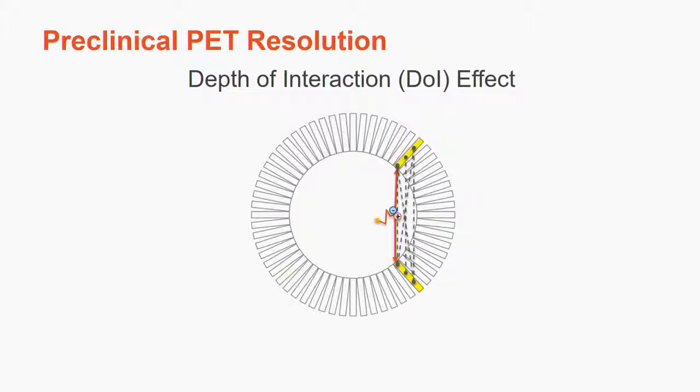And so we have a number of possible combinations that could explain this coincidence event, and that leads to this radial blurring of the point spread function. So now we've got uncertainty about the positioning, which degrades the resolution as you get further towards the edge of the field of view. So it particularly impacts on ring systems where there's a small ring diameter and you're using long, thin crystals.